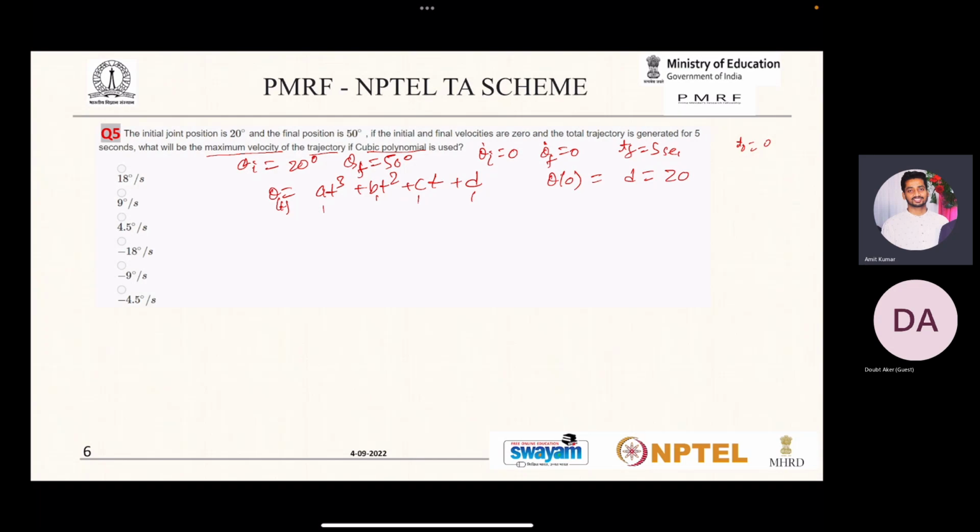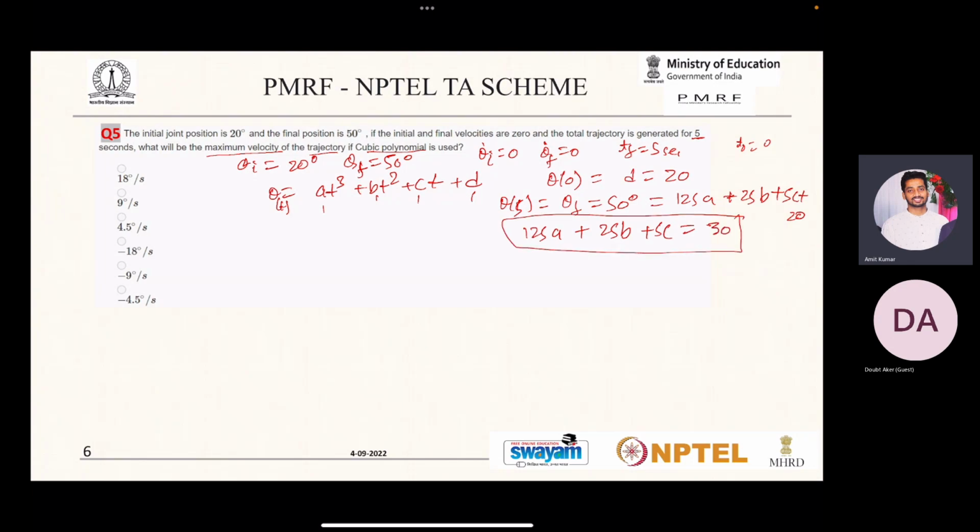Then again, theta of 5 is nothing but theta f, that is 50 degrees, and that will be equal to 125a plus 25b plus 5c plus 20, that is d. If you move it here, we get 125a plus 25b plus 5c equals 30. So this is one equation.